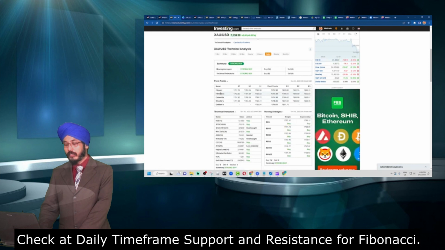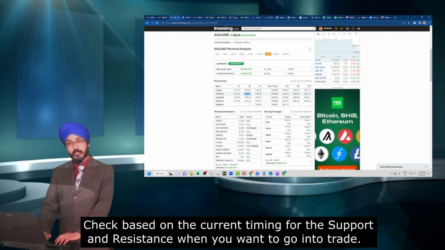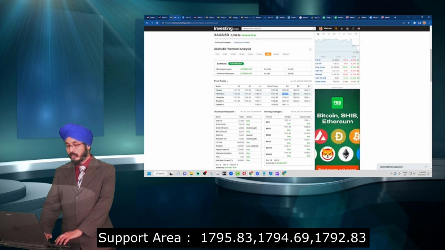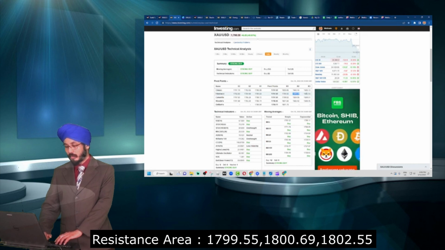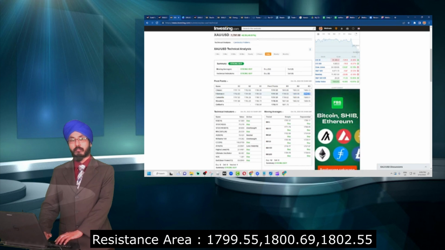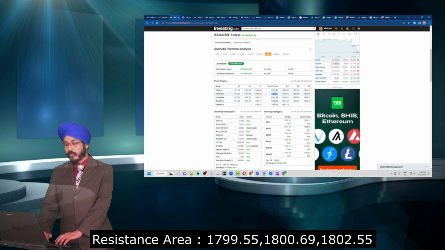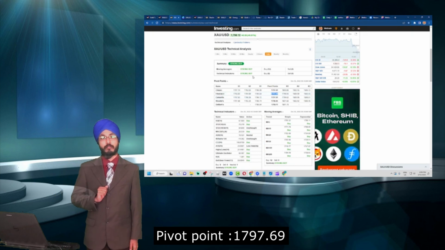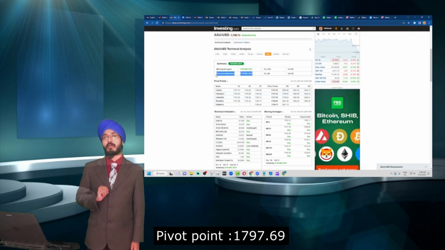Our support 1 is 1795.83, support 2 is 1794.69, support 3 is 1792.83, and our resistance 1 is 1799.55, resistance 2 is 1800.69, and resistance 3 is 1802.55. And our pivot point is 1797.69.